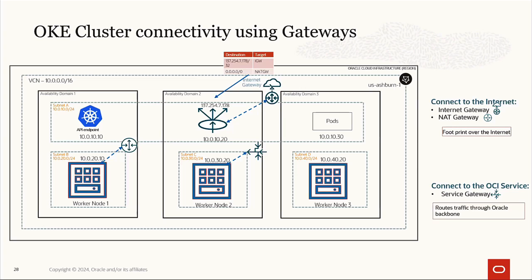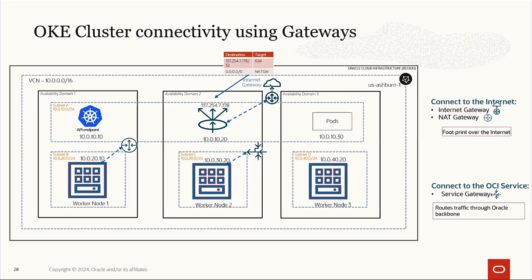But there are instances in which your worker nodes or your pods need to reach the internet. They do not need to be accessed directly from the internet, but they need to reach out to it. For this, we need another device called a NAT gateway. A NAT gateway takes the traffic from the VCN that needs to access the internet, translates it to a public IP address, and interacts with an internet gateway to reach out to the outside world.